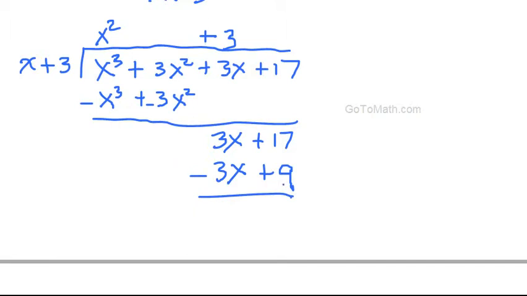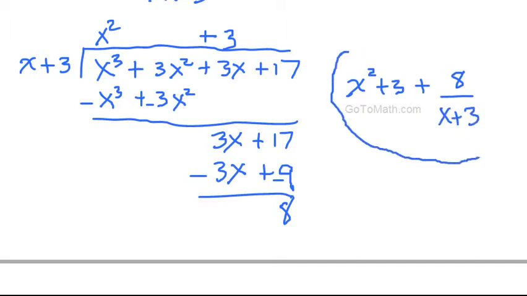And then we go minus, makes that a minus, and then we have 17 minus 9 is 8. Is that right? So now what are we left with? Okay, so we're going to end up with x squared plus 3 plus 8 over x plus 3. Circle the answer there.